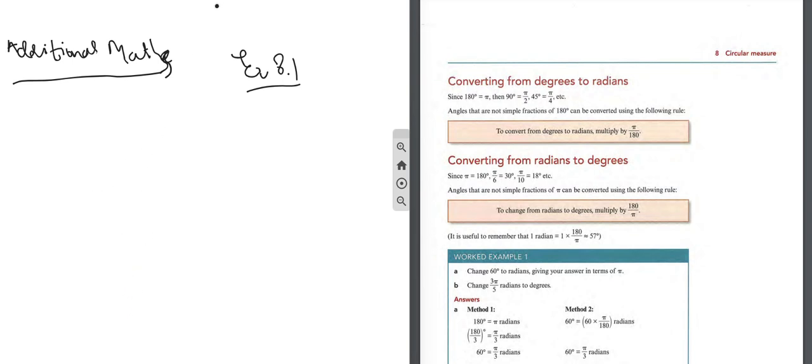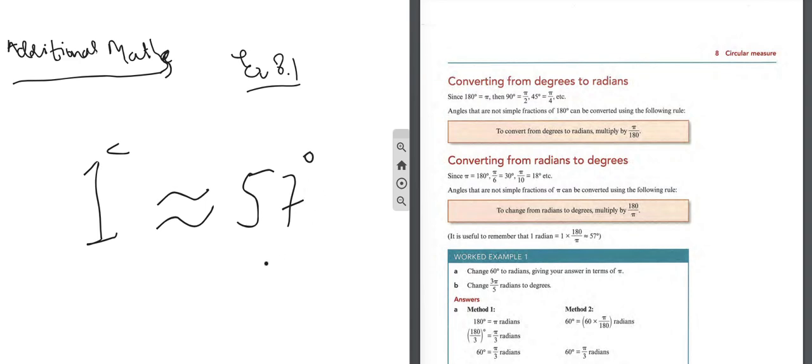Only one formula can help you. What is that? 1 radian is equivalent, or very near to, 57 degrees. Actually it's not exactly 57 degrees, it's something around 57.32.